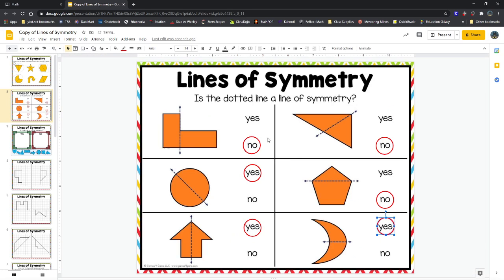So if I look at the whole page, my L shape, my triangle, and my pentagon did not have correct lines of symmetry. The rectangle or the L shape, even though they were both the same size, they wouldn't be the same shape. Triangle had a different problem.